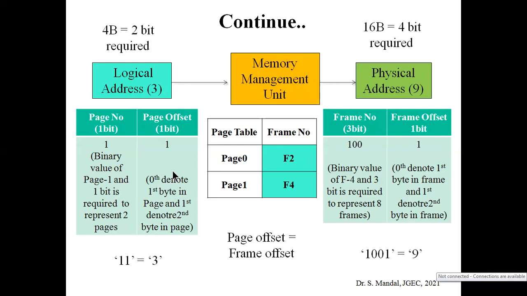As 3 is in the second position of page number 1, the second position is always indicated by 1. Zero denotes the first byte in the page, and one denotes the second byte in the page. So ultimately the logical address becomes 11, which is equivalent to 3.